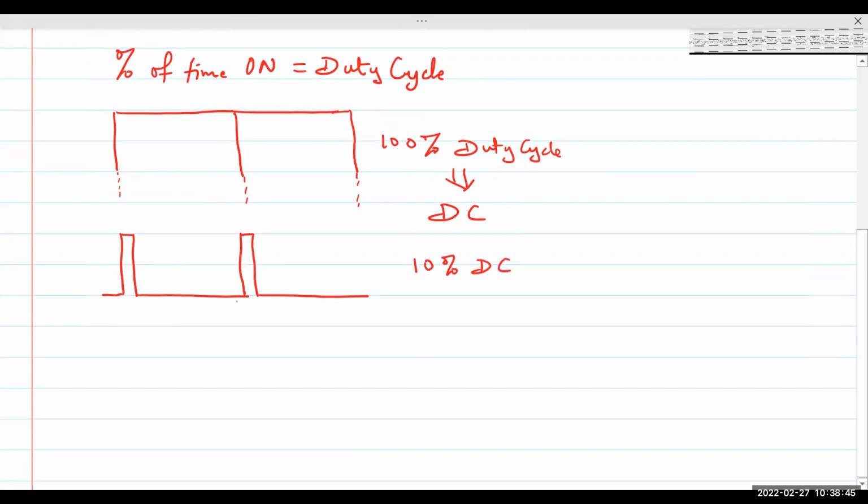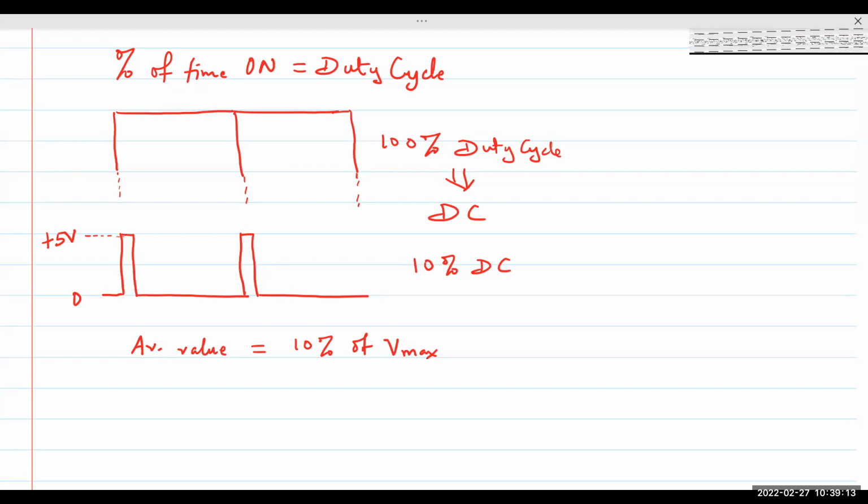Now, in this 10% duty cycle, what is the average value? If this was plus 5 volts and this is 0 volts, the average value would be 10% of Vmax, which is 10% of 5 volts.